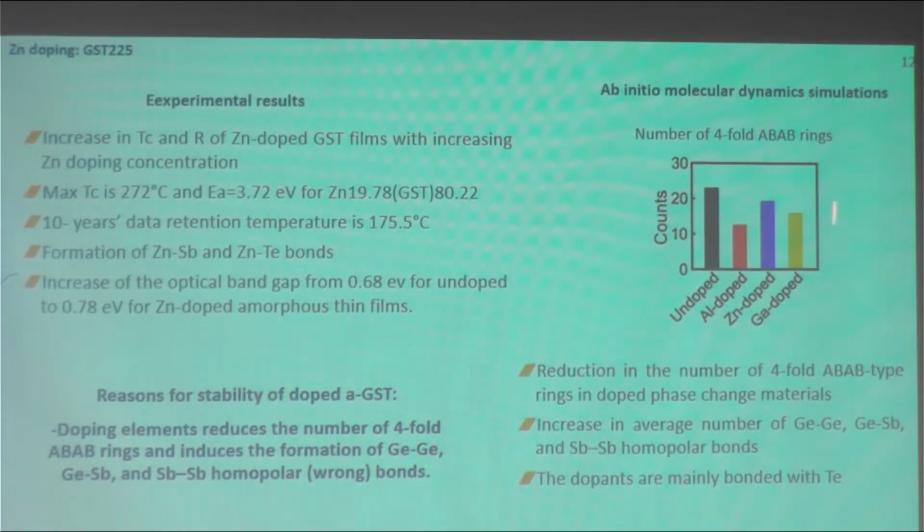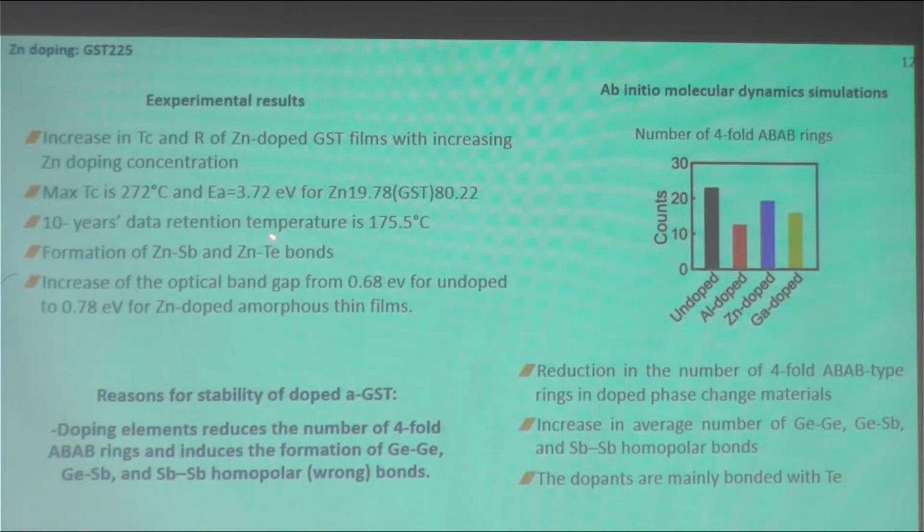Also, ab initio MD simulations showed that the number of these AB rings, fourfold rings, for zinc-doped materials reduces, but there is an increase in the average number of homopolar bonds, like germanium-germanium and germanium-antimony bonds. And these dopants mainly bond to the tellurium.